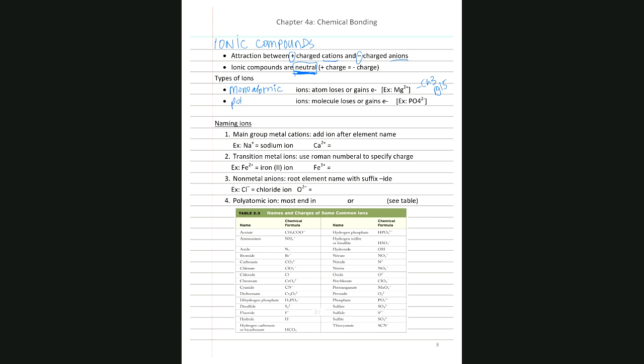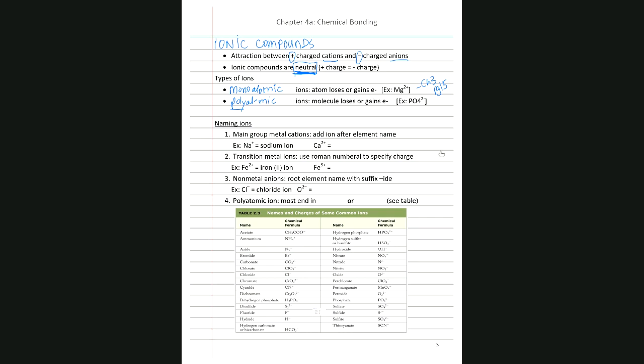There's also compounds, basically, that can gain and lose electrons, and we call those polyatomic ions. Poly meaning what? Who knows? Multiple. Yeah, that means many.